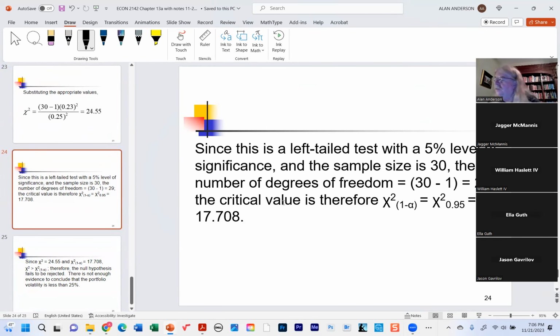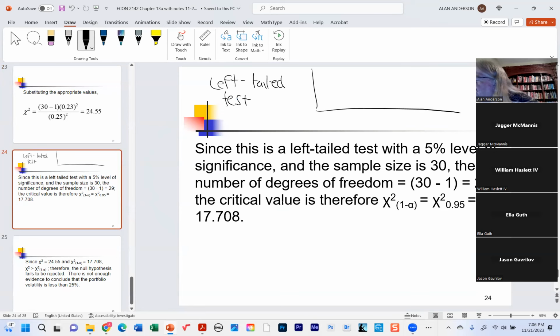Well, again, with this one, it's a left-tailed test. So whatever it is, we're going to have alpha in the left tail. And then the degrees of freedom is just simply n minus 1. Or in other words, well, I'm sorry, I wrote the wrong thing here.